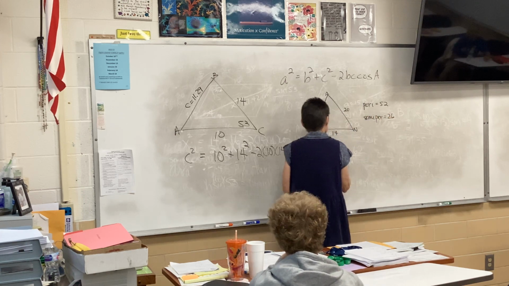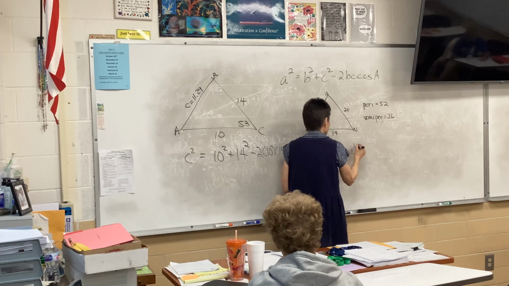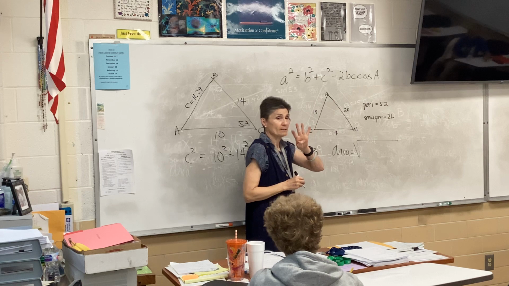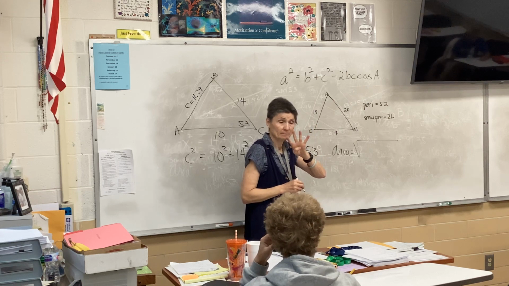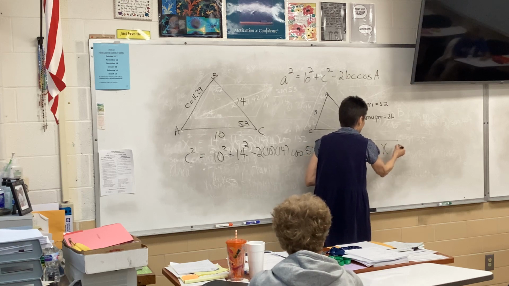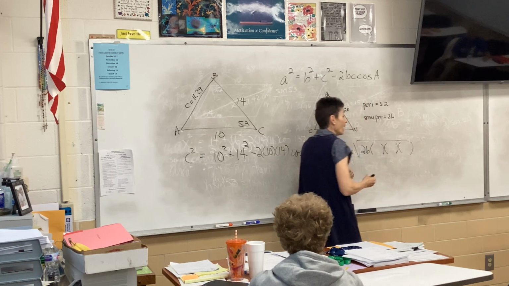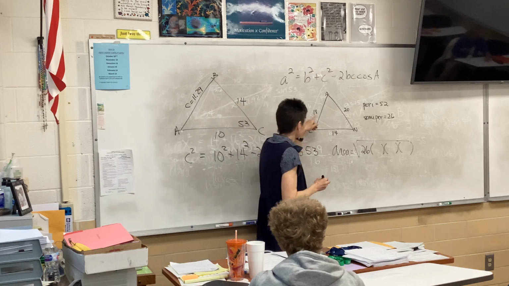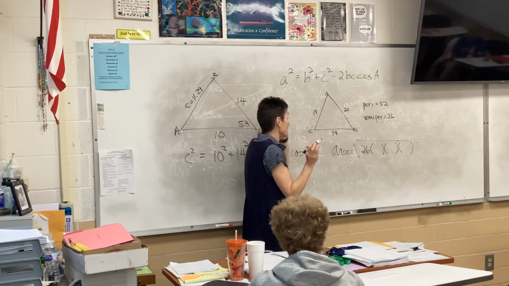26. So your area is going to be a giant radical, and under the radical is going to be 4 things, the first of which is 26. Now, what are the other three things that go under there? 26 minus all of those in any order.